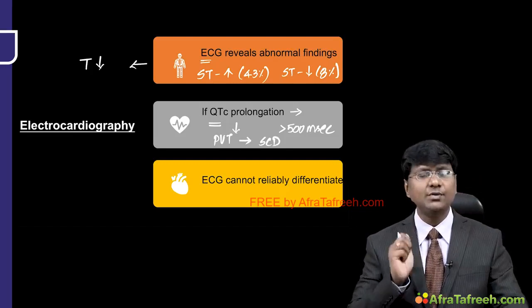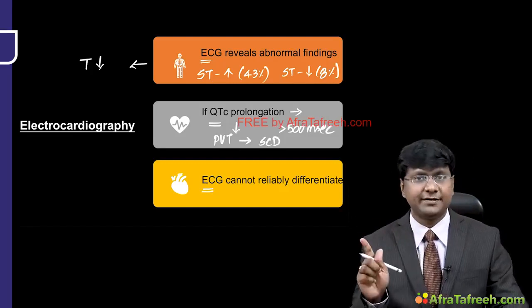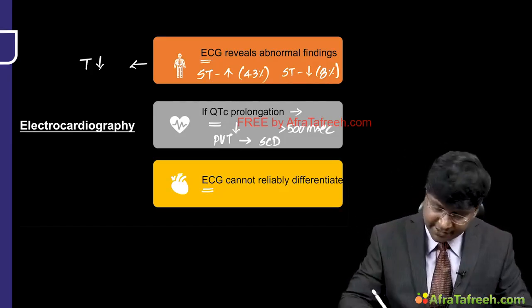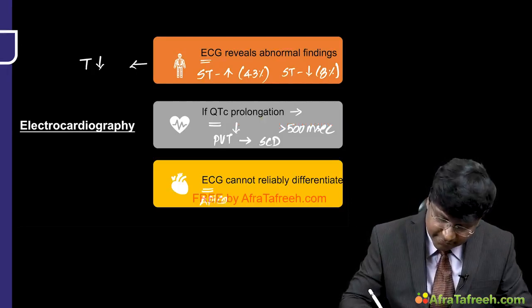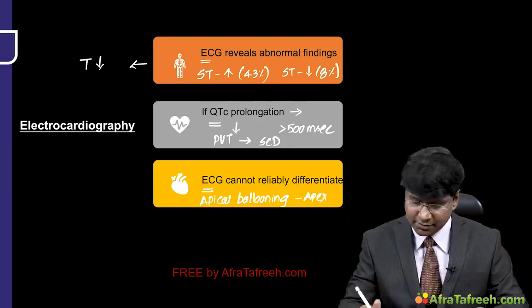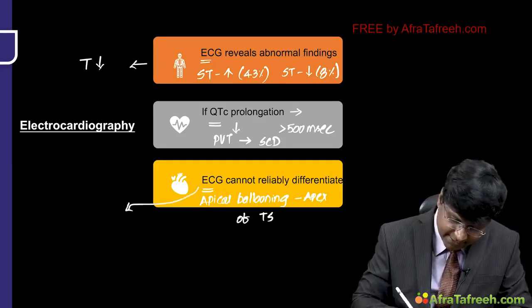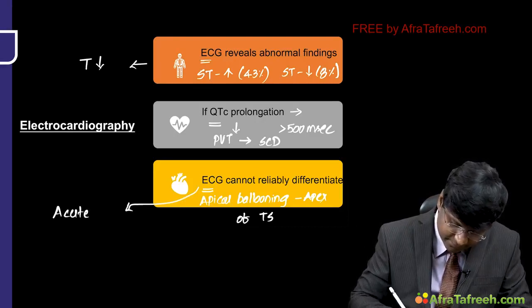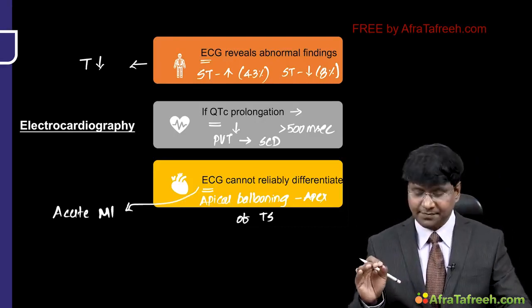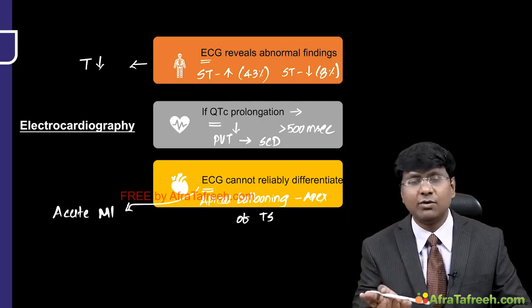Now, the very important point is that the ECG cannot differentiate the apical ballooning of the apex of Takotsubo cardiomyopathy from an acute MI regional wall motion abnormality.